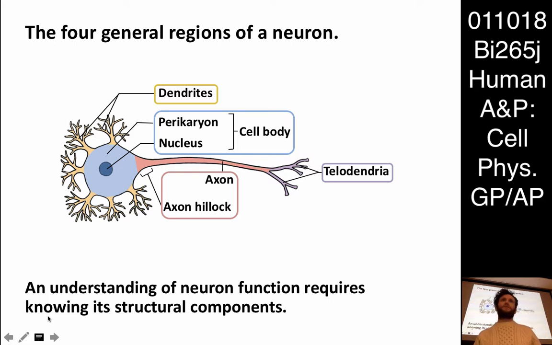The whole nervous system has sensory or afferent input, processing, and then output, or motor neurons. A single neuron is the same way. So dendrites are the input. And then there is the cell body, which is made up of two parts, the nucleus and the perikaryon.